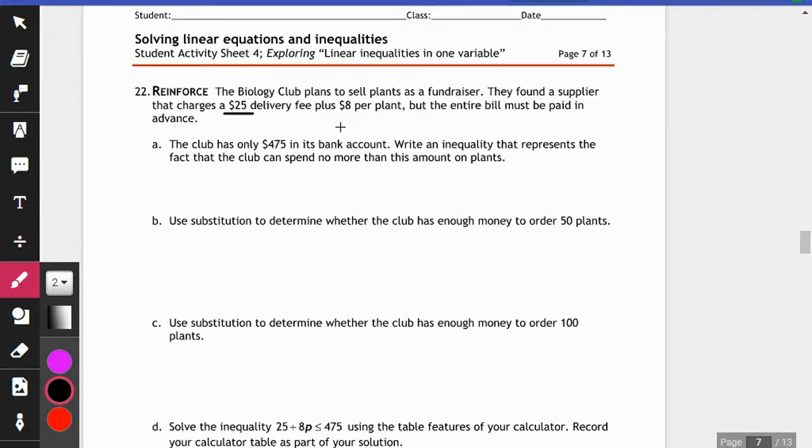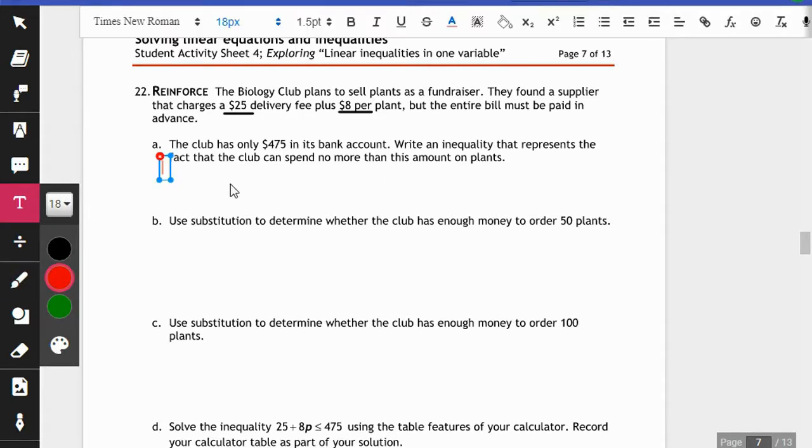First, I have to make a formula using the $25 and the $8 per plant. It would be like this. Cost is $25 plus $8 per plant. And there we are. We have a formula for the cost.